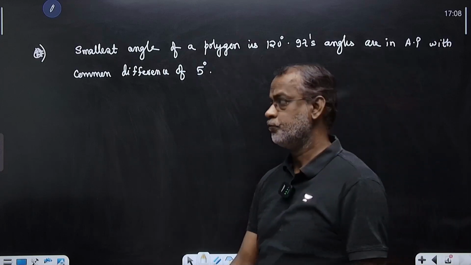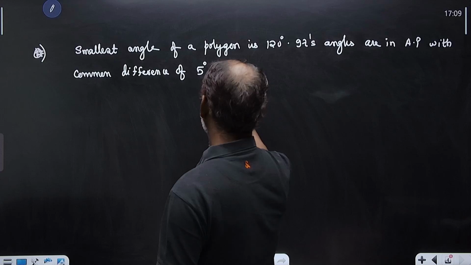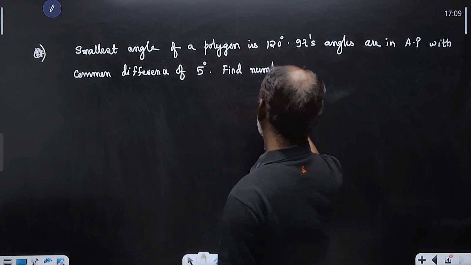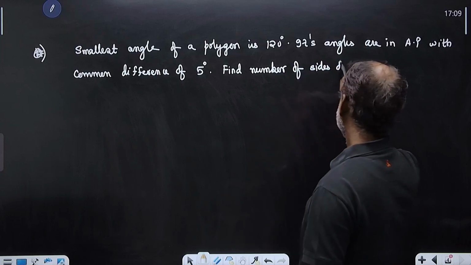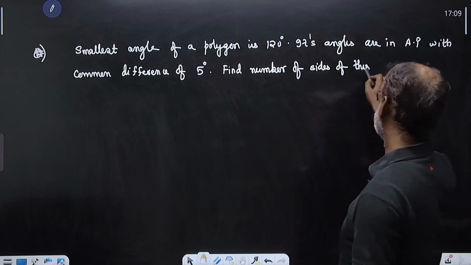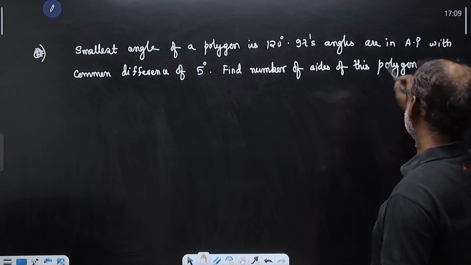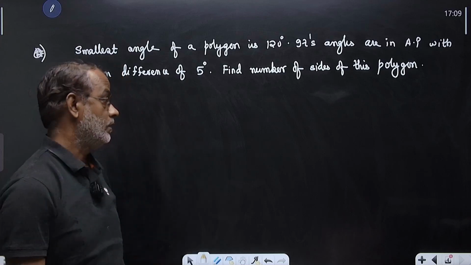Fine, with common difference of 5 degrees. Find the number of sides of this polygon.